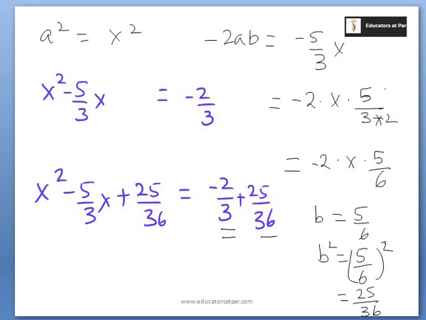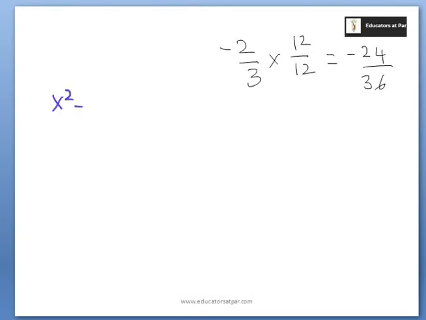In one you have 3, in the other you have 36. The least common denominator is 36. 3 times 12 is 36. Let's do the calculation. We have negative 2 by 3. You want a denominator of 36, so you multiply 3 with 12. The same 12 is multiplied to the numerator. You have negative 24 by 36.